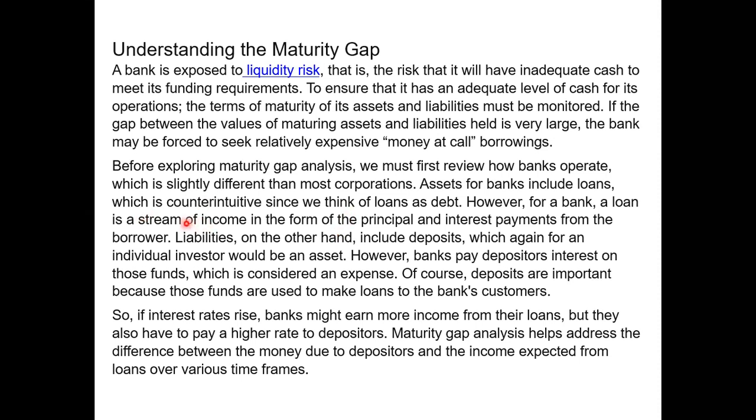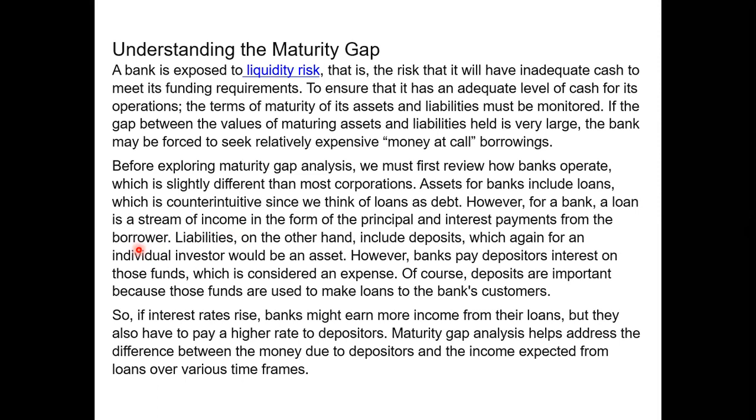However, for a bank, a loan is a stream of income in the form of principal and interest payments from the borrower. Banks give loans to customers to generate a stream of cash, including both principal and interest income.